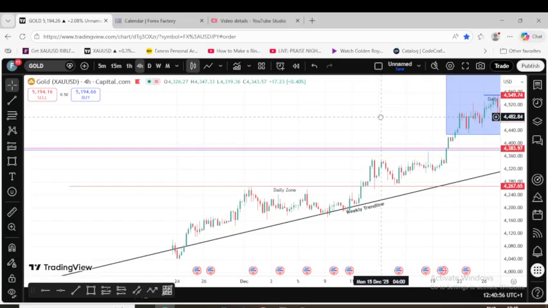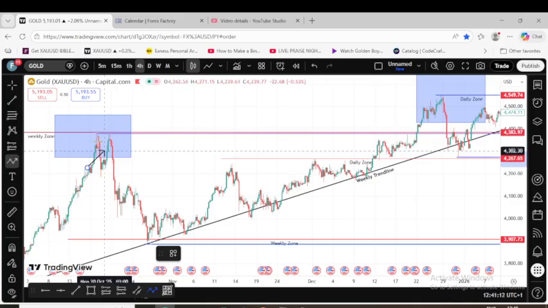Okay, so on the 4-hour time frame, what do I see here? I see an M pattern here. This is an M pattern. Let me measure the size of the M pattern. This M pattern is about 150 points wide. Okay, so now let's zoom in.